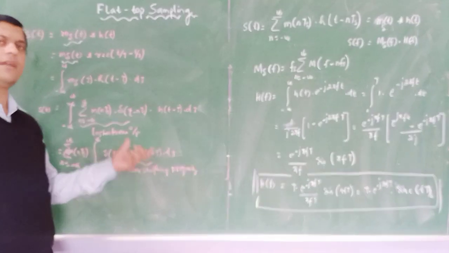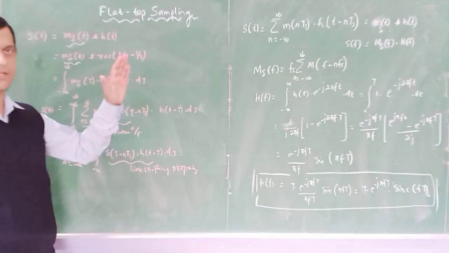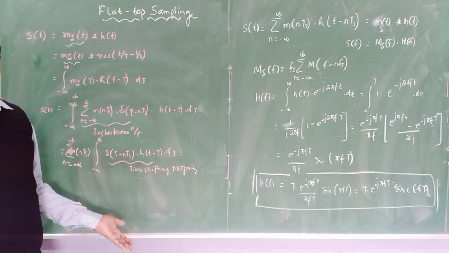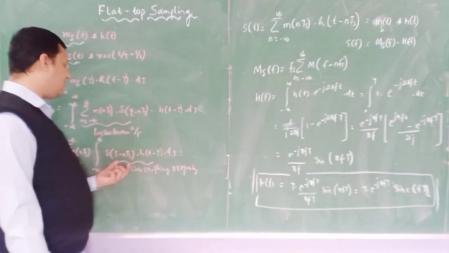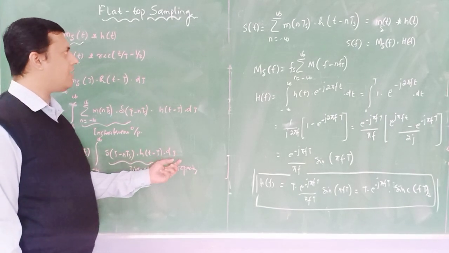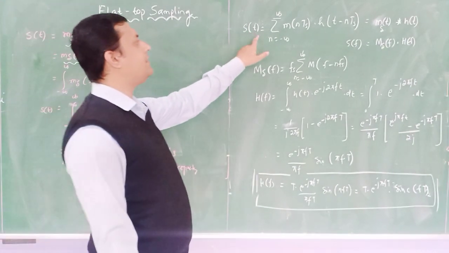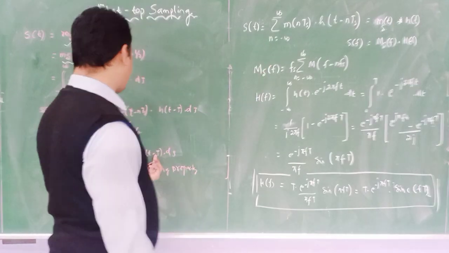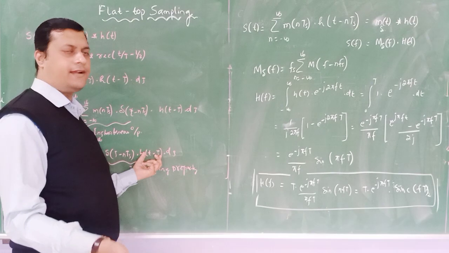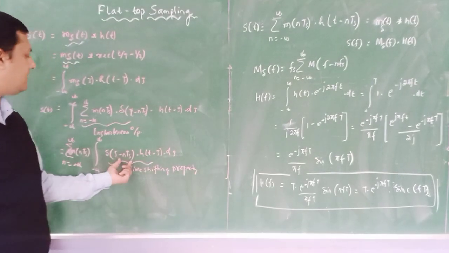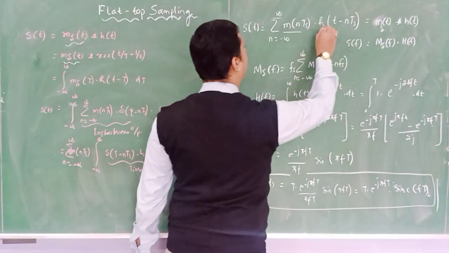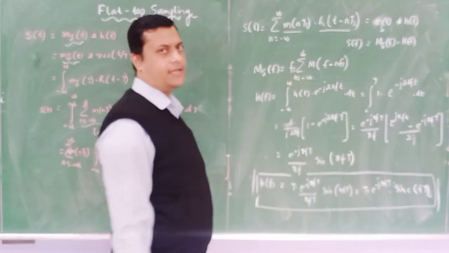Similarly, delta of t minus nTs, if multiplied with that signal, also shifts it to nTs. So h of t minus tau is shifted to t minus nTs, because here delta is shifted to nTs. So we get m of nTs into h of t minus nTs.